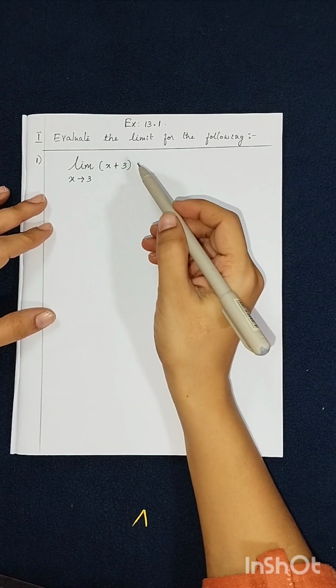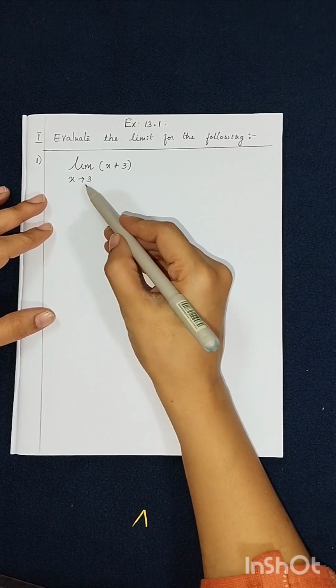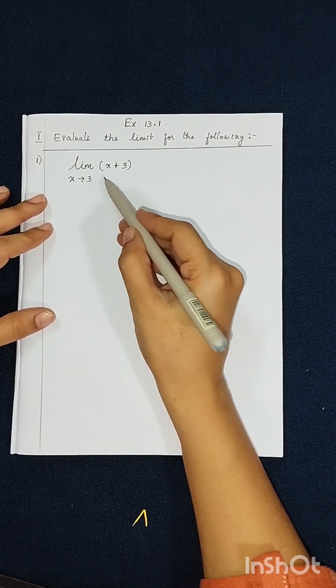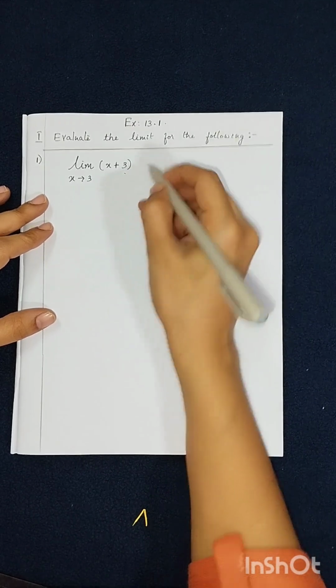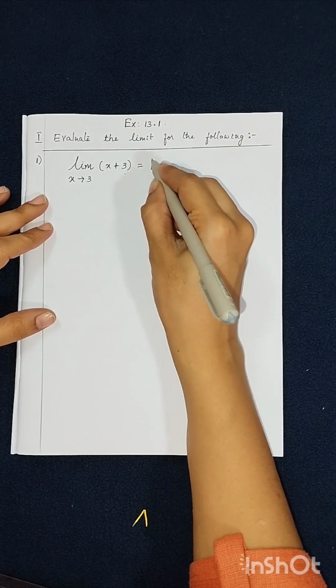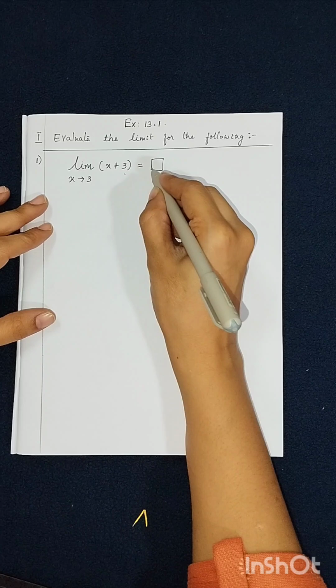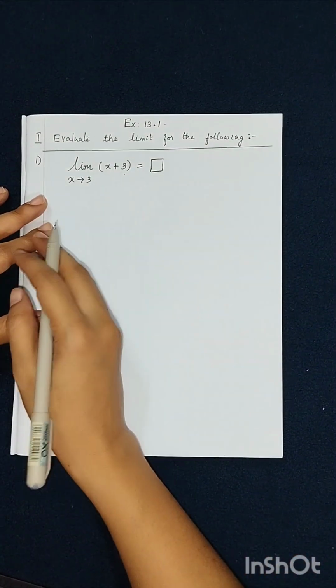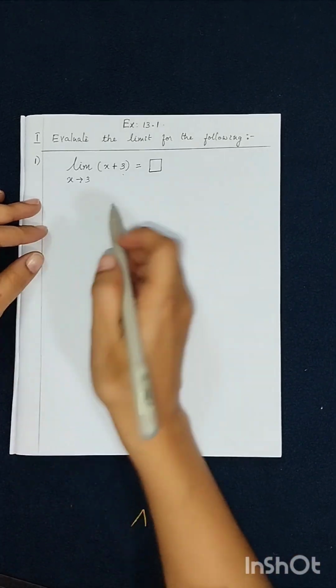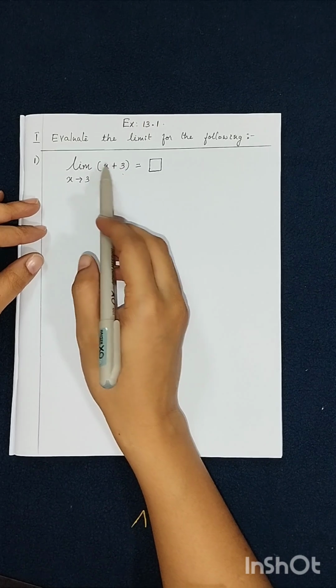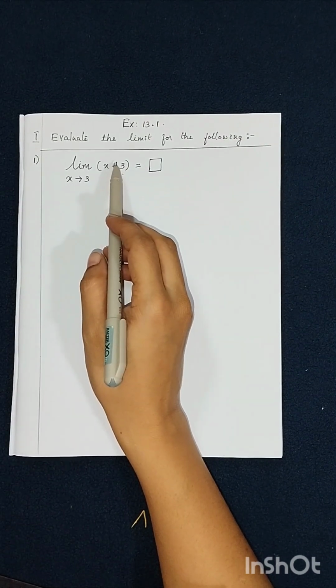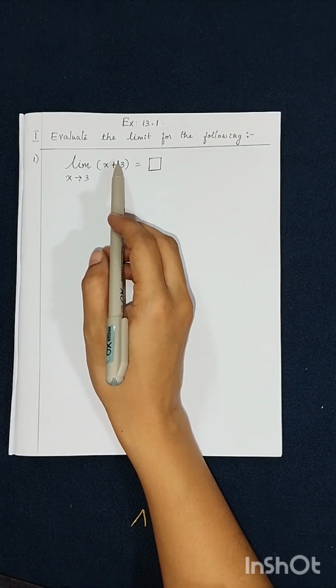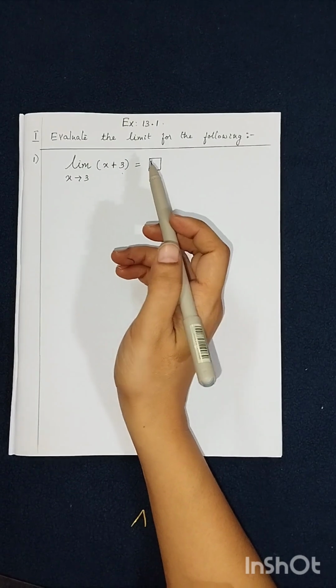Let us solve the exercise problem. First question: limit x tends to 3, x plus 3. We have to find the limit value here, right? In the previous example, I explained how we get the limit value, that is the left hand limit and right hand limit. But every time we will not do this while solving problems.